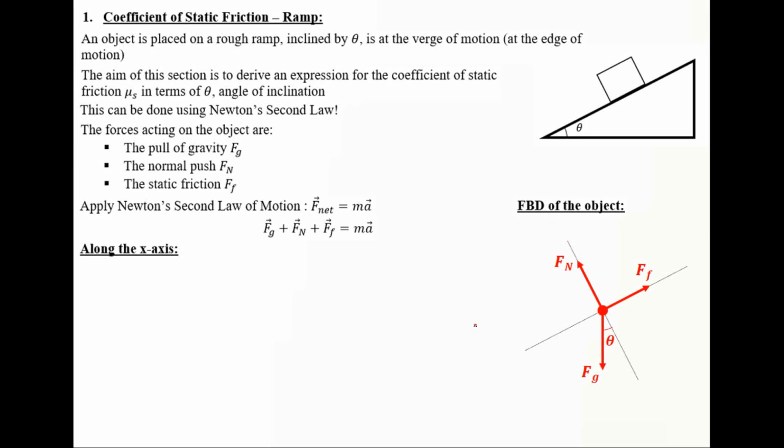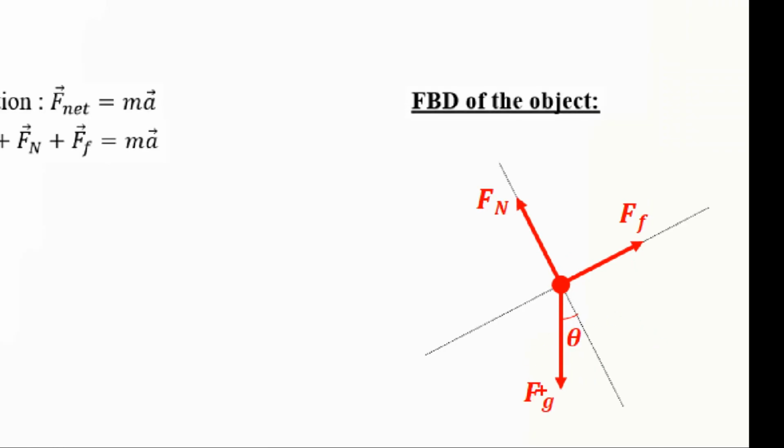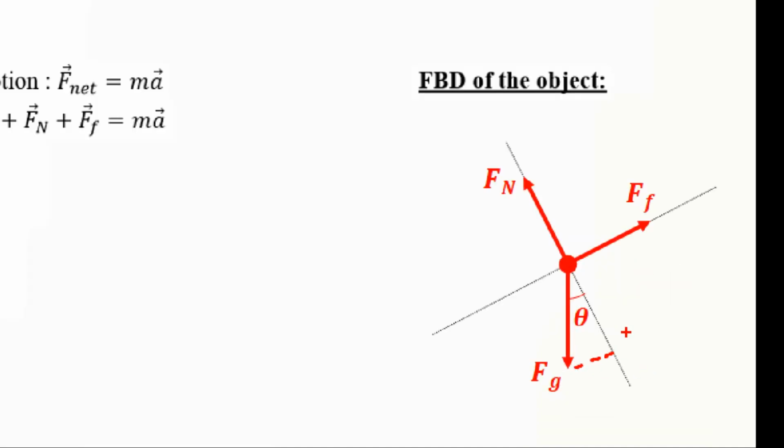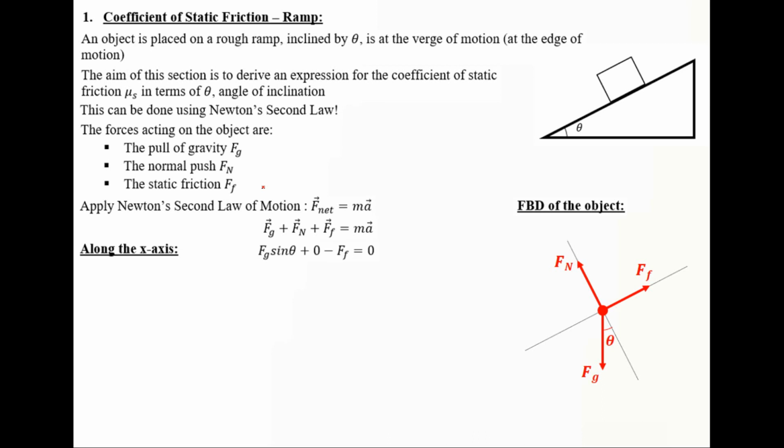So along the x-axis, what do we have? We have the pull of gravity. Then here the y component would be given by Fg cosine theta, and the x component is given by Fg sine theta. So that would be Fg sine theta. The normal push is 0 and the friction is minus Ff in the opposite direction, and the acceleration in this case is given by 0 because it is at rest, it is at the verge of motion.